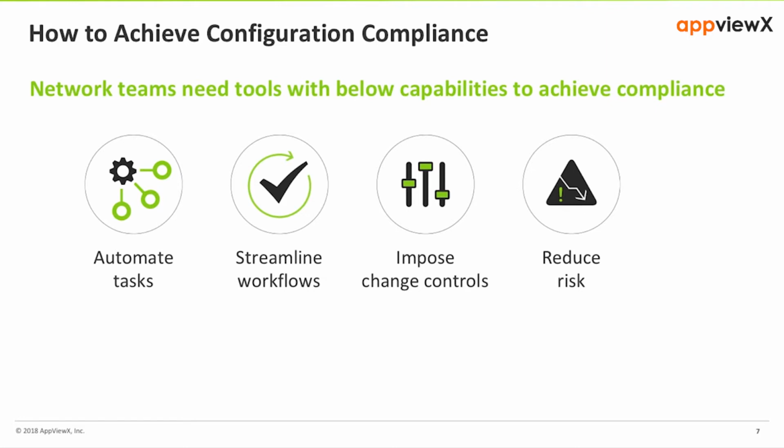Once these workflows are designed, they should have control on what is being pushed into the network. So it should have a provision for approvals and a log of what is being pushed. Just in case they want to roll back any of these automation changes that they have pushed, it should have a provision to roll back so that it gets back to the previous state and reduces the risk.